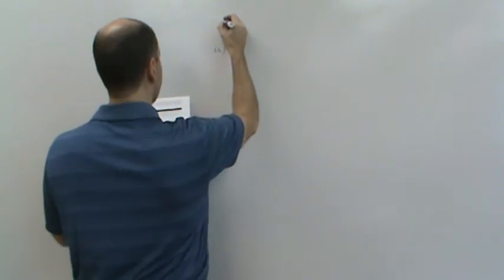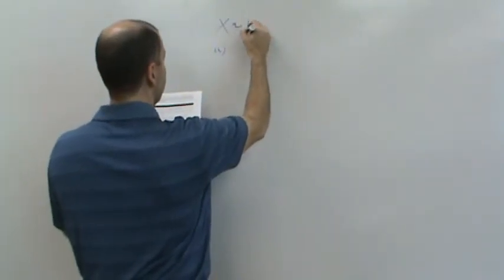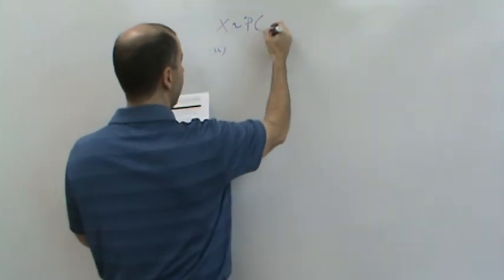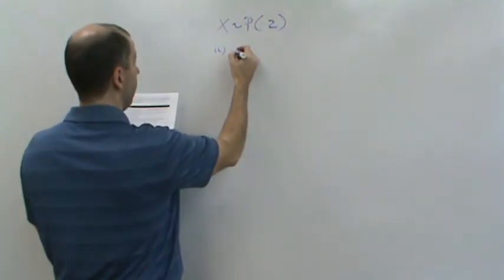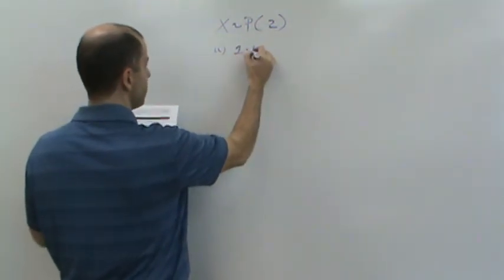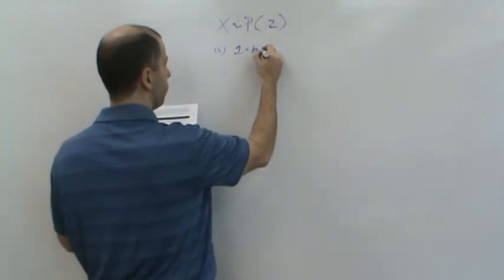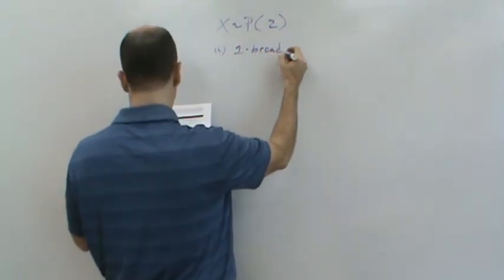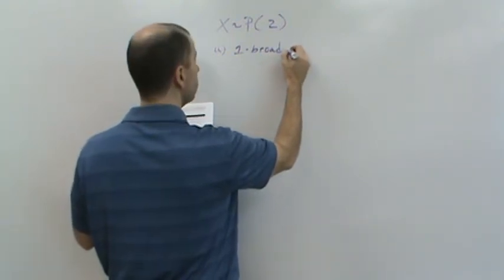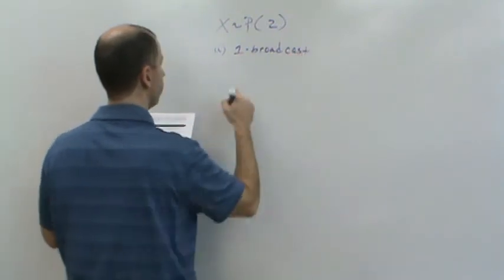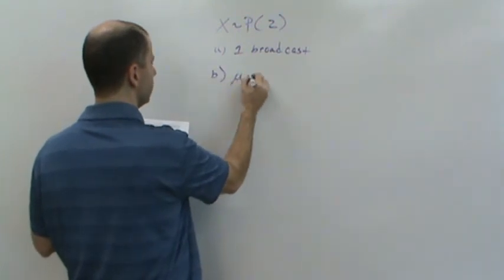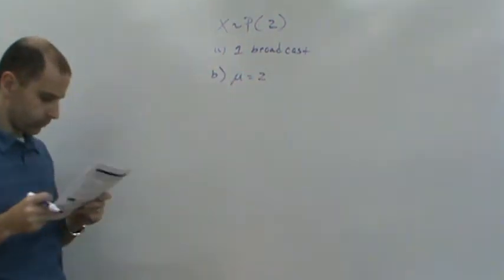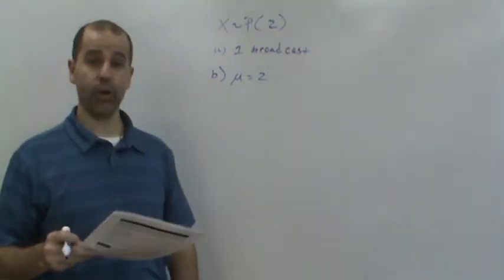So we know that X is Poisson, and the parameter is 2. A is going to be 1 broadcast, that's the interval of interest. And B, we said mu was equal to 2. Now, C says, what does X represent?